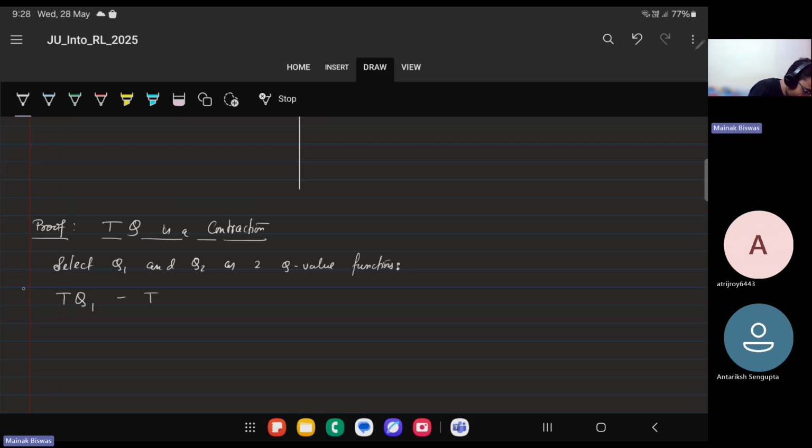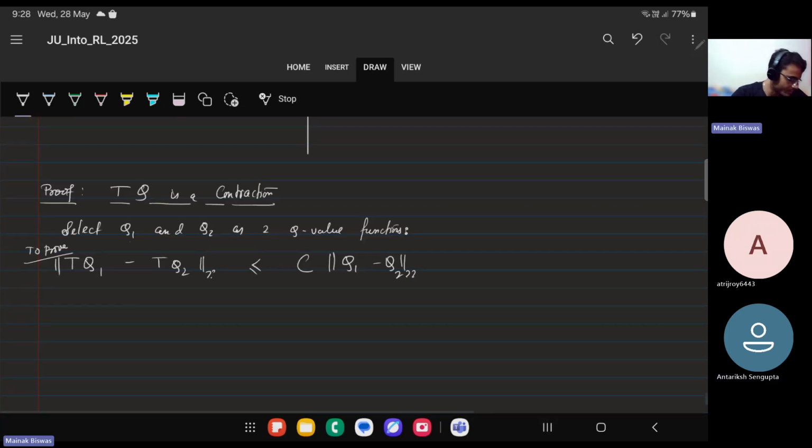We have to prove that T Q1 minus T Q2 under a particular norm is less than or equal to some constant C times Q1 minus Q2. And I have to find out what norm this is. That's what I have to do, right? Are you following? So now let me do that.